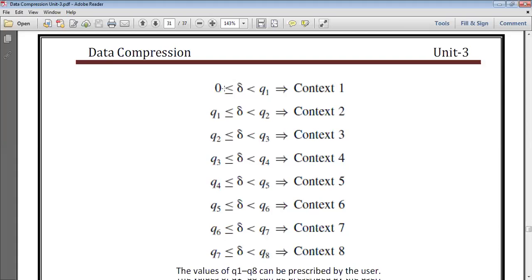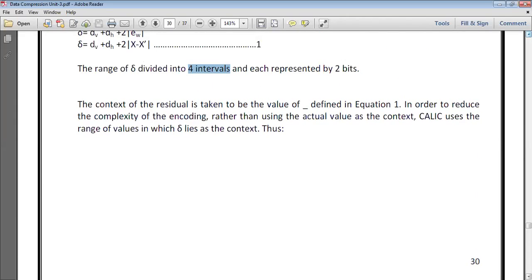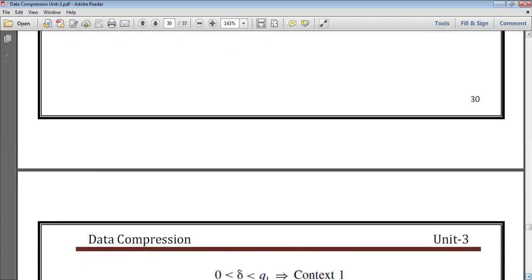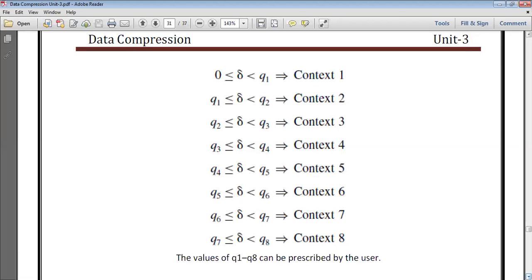If sigma lies between 0 and q1, then it is context 1. If between q1 and q2, then context 2. Between q2 and q3, then context 3, and so on up to 8 contexts. So we studied that sigma is divided into 4 intervals, but here we see the values lie from context 1 to context 8, so we find 8 divisions, not 4.